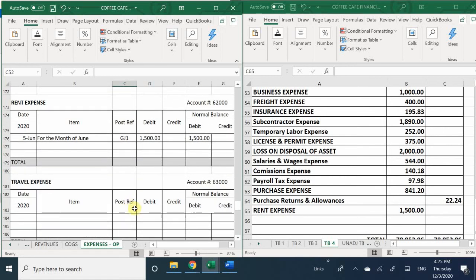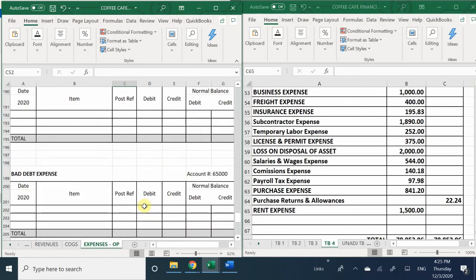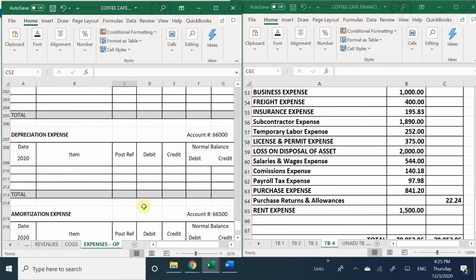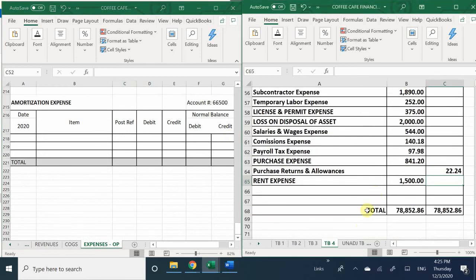Okay, we didn't have any travel expense, no utilities expense, no bad debt, depreciation or amortization expense. So, did we conclude that we are even on the debit and the credit side? Yes, ma'am, for a total of $8,852.86.